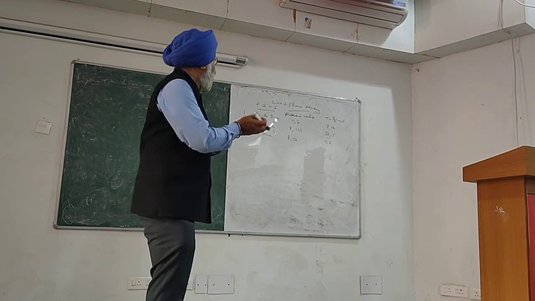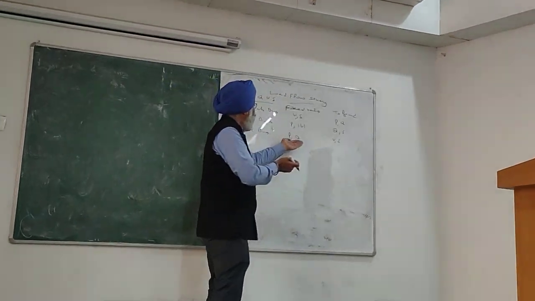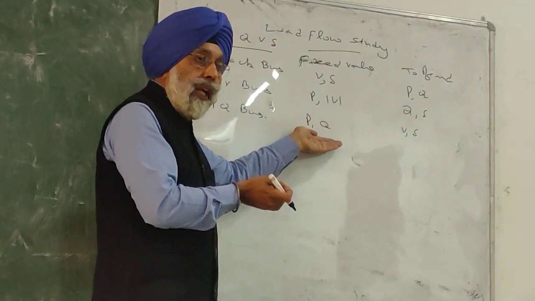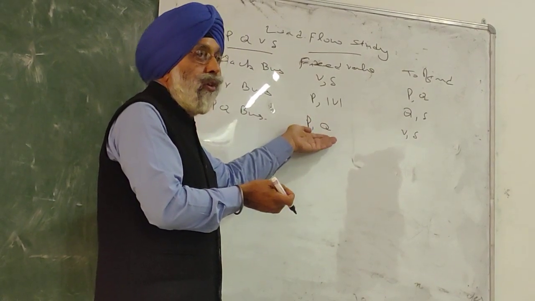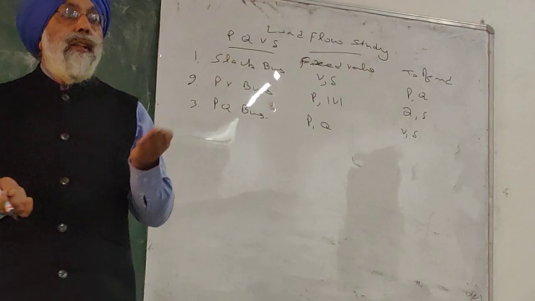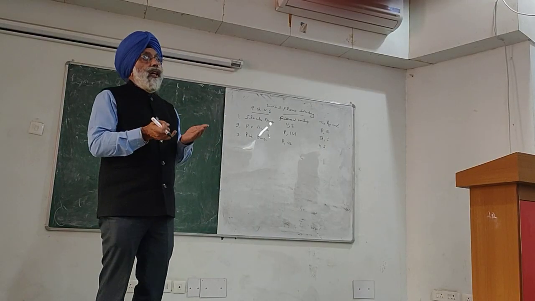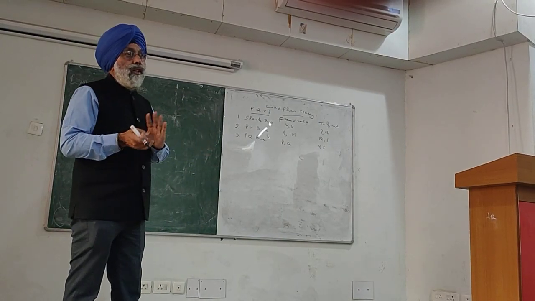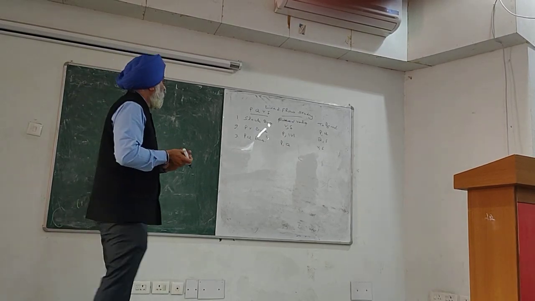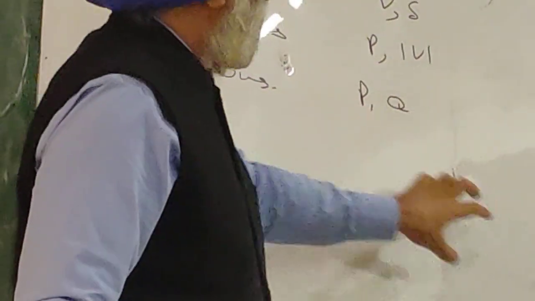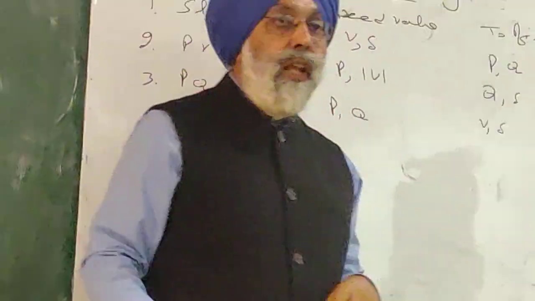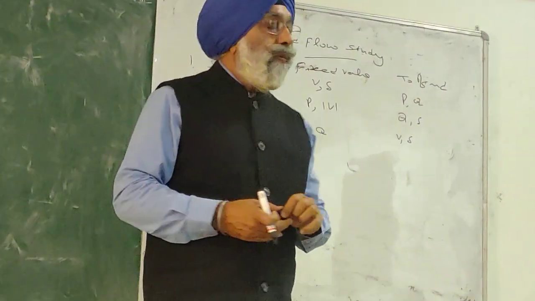But it can also be that a generator is connected at this bus. So we apply our control in such a way that at this bus P and Q remain fixed, and we have to find V and delta. So these are the fixed values and these are the variable values.